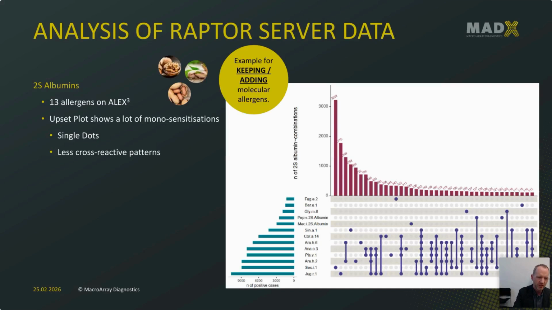In this kind of scenario, it's important to test for as many representatives from the same protein family as possible to try and identify the culprit allergen. The reason for this is that 2S albumins are particularly associated with increased risk of anaphylactic reactions. So it's important to test for many different members of the same family to identify the actual underlying allergy and culprit allergen.